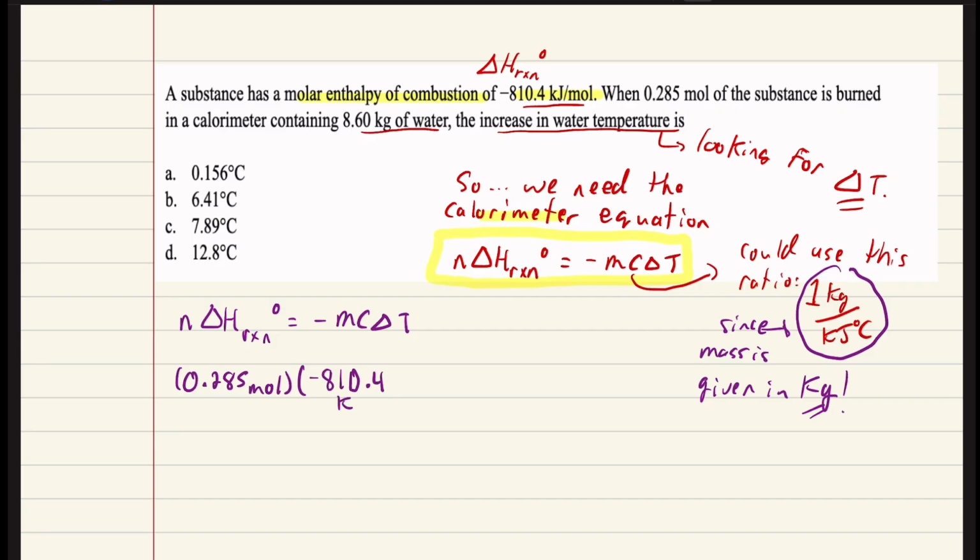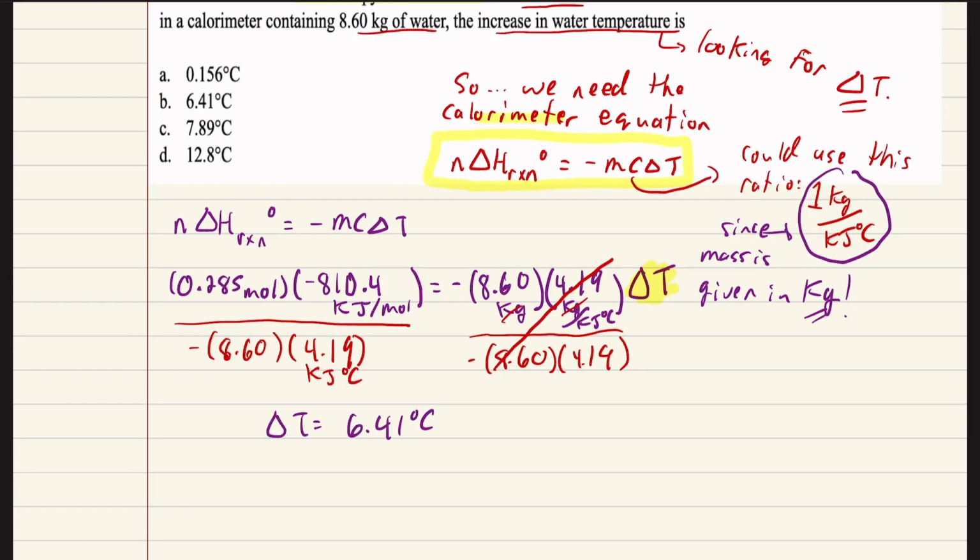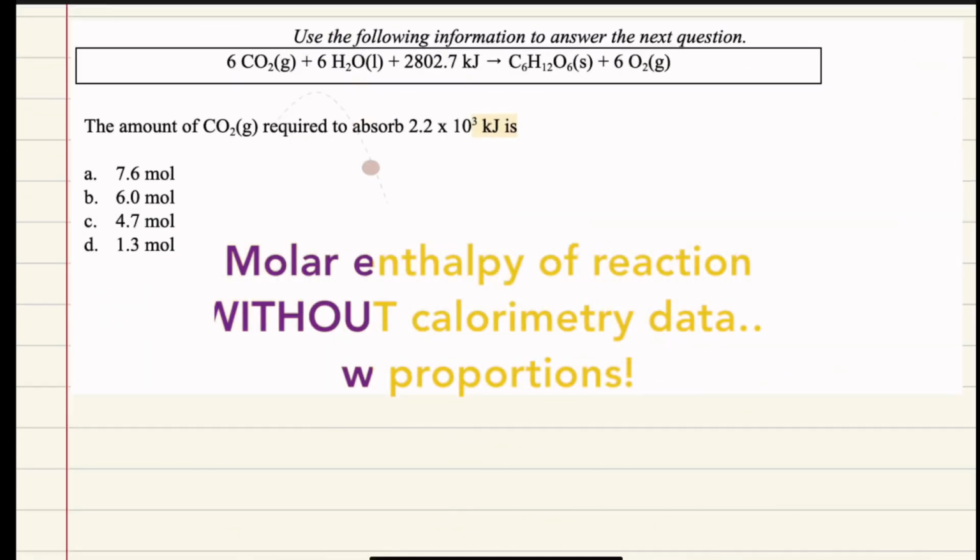So plugging in all our variables that are given here, and again, we use that ratio, we simply isolate for the temperature change. And after plugging that into our calculator, we get a temperature change of 6.4 degrees Celsius.